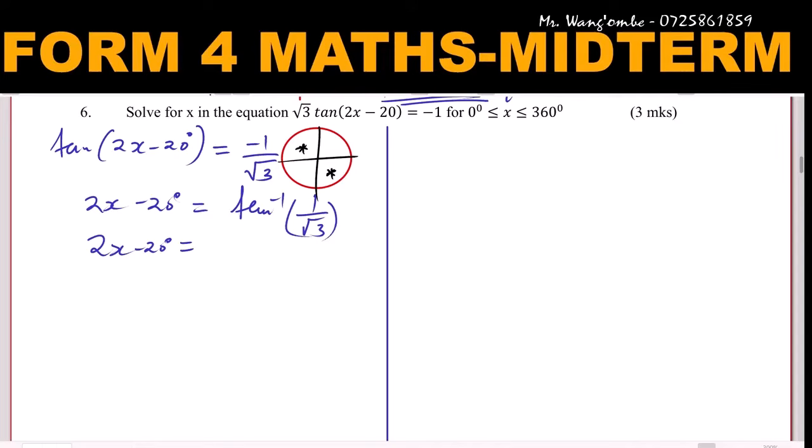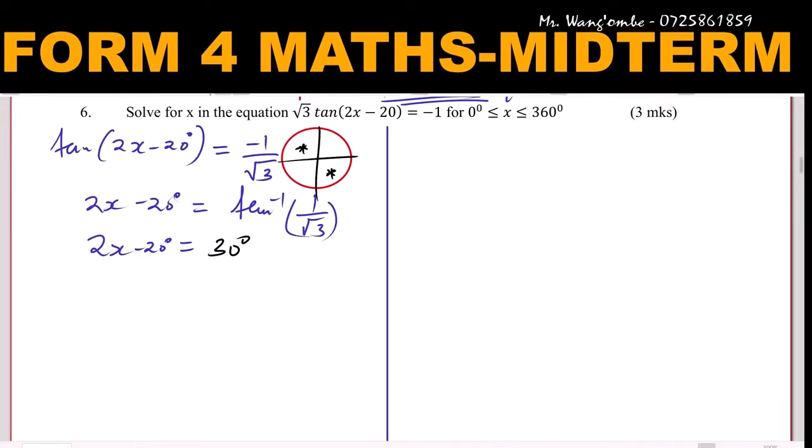That is the meaning of the negative sign there. Otherwise, when you're getting the tan inverse, ignore the negative. Get the tan inverse of positive 1 over root 3, and that will give 30 degrees. So 30 degrees is what you're going to use to get the other angles.